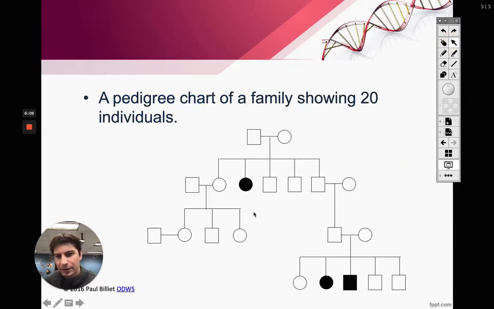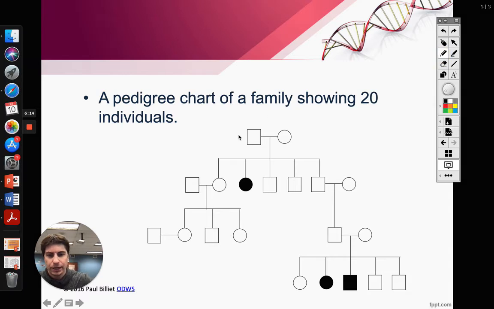So, here's a pedigree for you guys. You could see that we have a bunch of different generations here. What you will see on the side is Roman numerals. That's generation 1, generation 2, generation 3, and then down here would be generation 4.